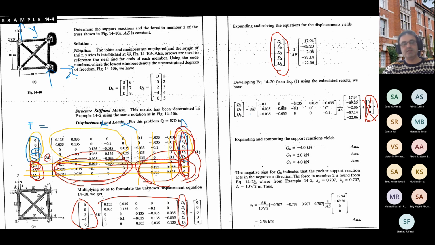But if this is difficult for you, just go and write this row 6 of this big matrix. Say the Q6 is this line 6 times this column. So it will be Q6, this one multiplied by this one, and you will get minus 4 kilonewton. And the same thing for Q7 and Q8.